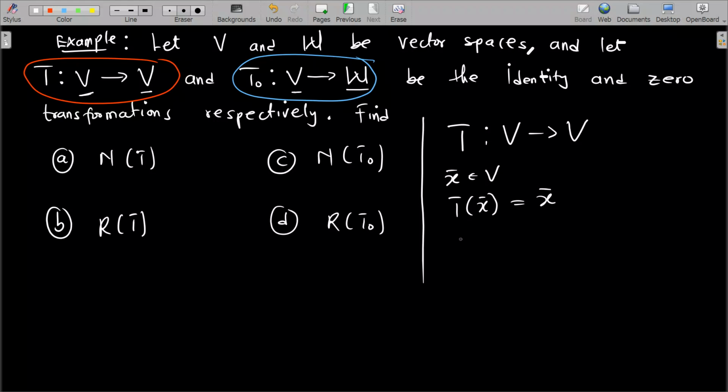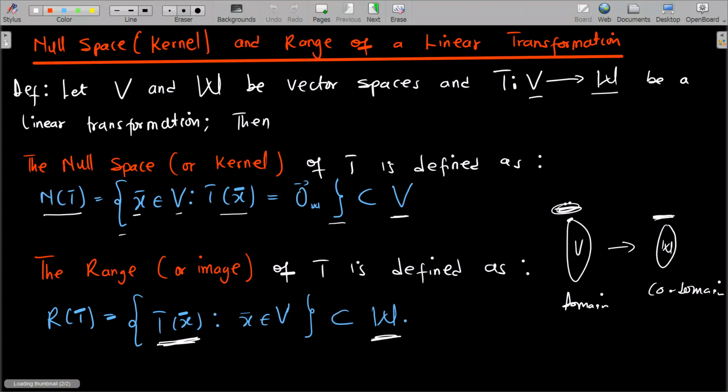And then the 0 transformation is defined to be such that V maps to W. What it means is that when you pick any X in V, X is a vector, okay? That's why I have the arrow there. You can put an arrow or a bar. It will give you the 0 vector in W. Remember, this definition is very important.